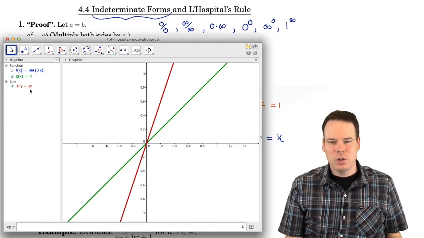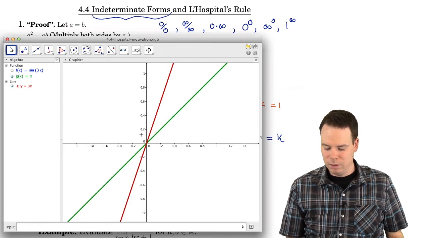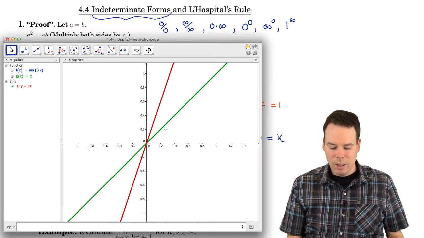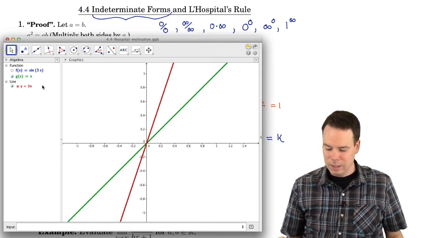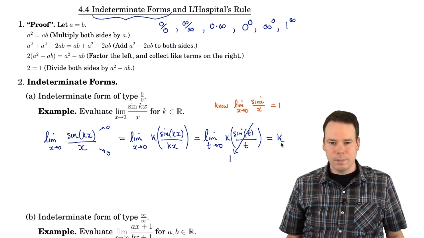Notice the only information we used there was really the slope of the tangent line and the slope of the line in the denominator. 3x over x, or the ratio of their slopes, 3 over 1. We get a value of 3. If this was just a generic k rather than 3, then we get the ratio being k. And that's precisely what we had as an answer.